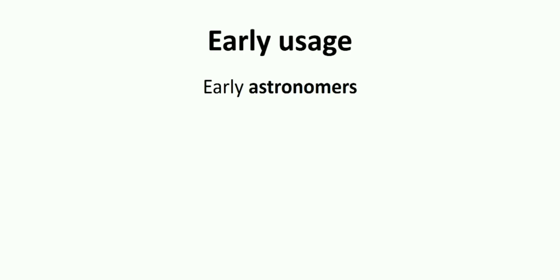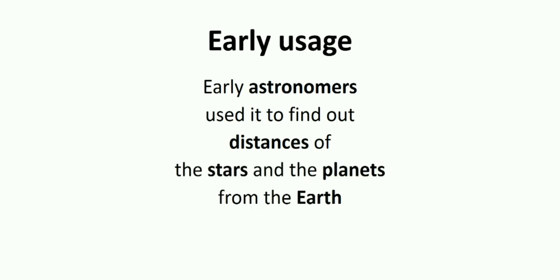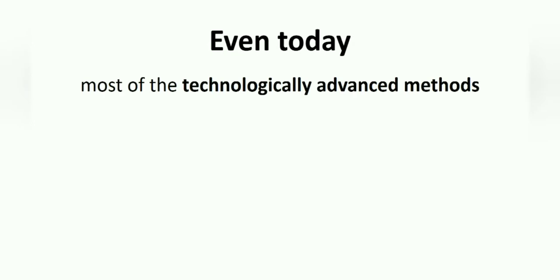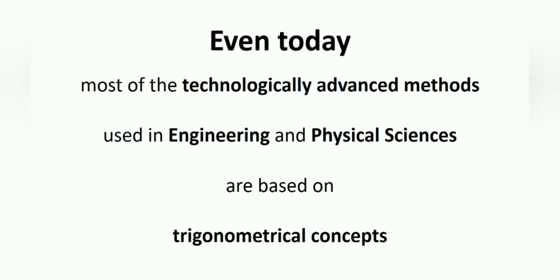Early astronomers used trigonometry to find out distances of the stars and the planets from the Earth. Even today, most of the technologically advanced methods used in engineering and physical sciences are based on trigonometrical concepts.